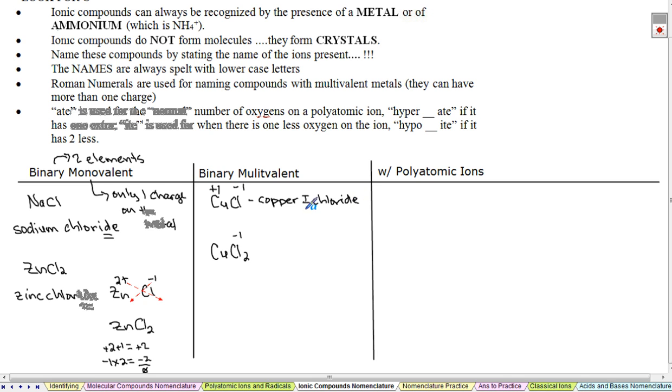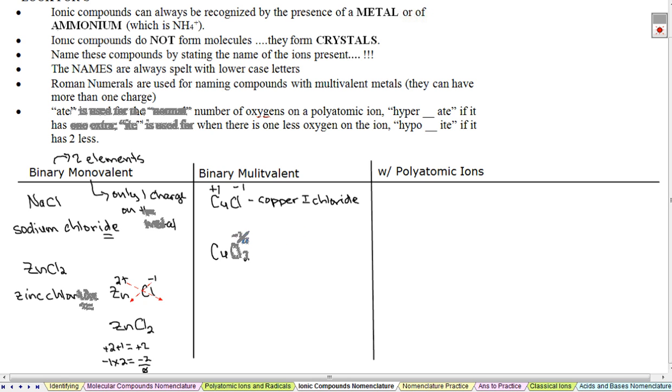And I use a Roman numeral. We call this the stock rule. And I use a Roman numeral to denote the charge on the copper, because if I know the charge on my metal, then I can figure out very easily how many atoms of my nonmetal I'm going to need.